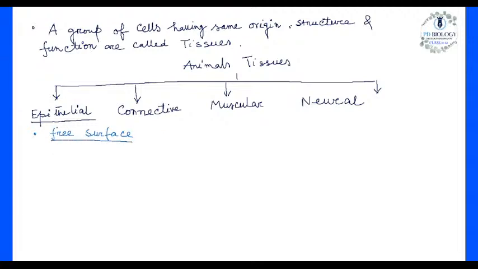Free surface is there and that faces the body fluid or outside environment. One part is associated with body fluid, another part is associated with outer environment. It covers or lines the body or body parts.